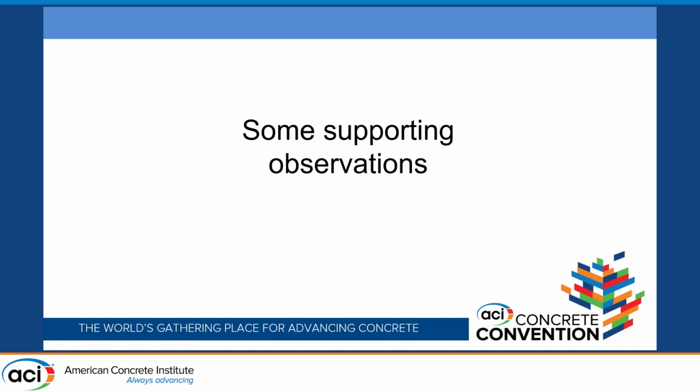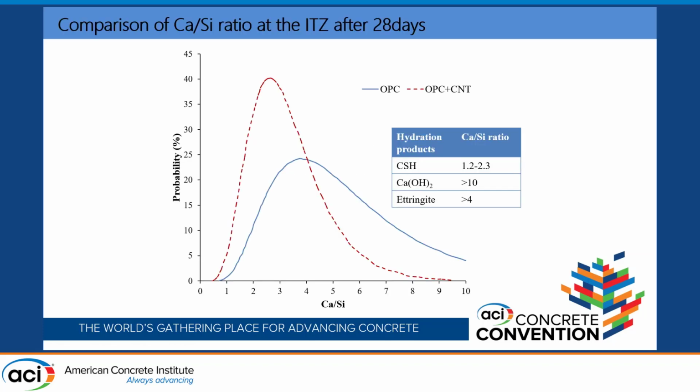So based on this, I want to show what the supporting observations are and what is important. We have observed, not in this study, but I thought it's interesting to add, that we measured using ESEM in CSH when you have 0.1% carbon nanotube and when you don't, and plotted here is the calcium to silica ratio.